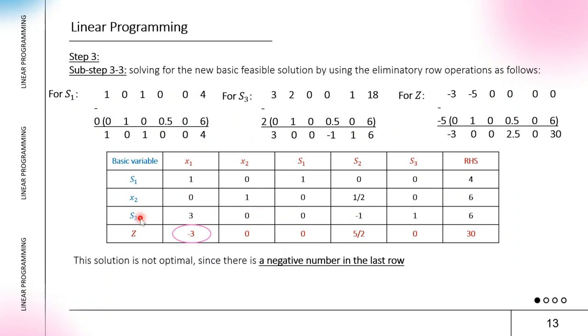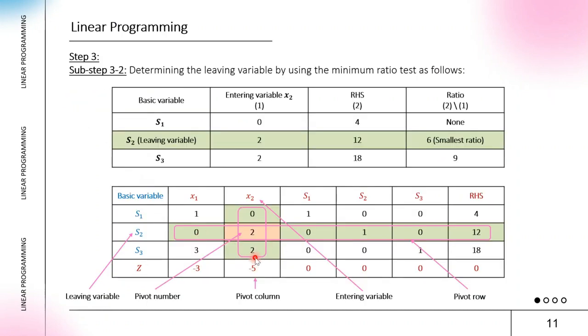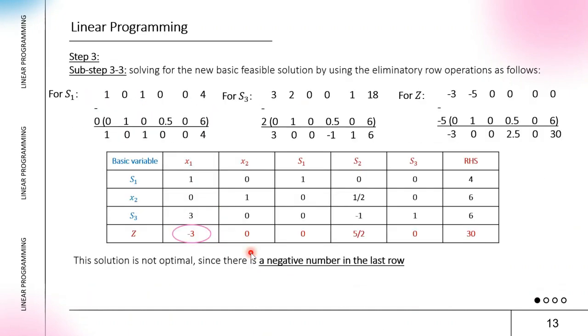Row S3 has a 2 in the pivot column. Subtract twice the new pivot row from it, as we can see here.